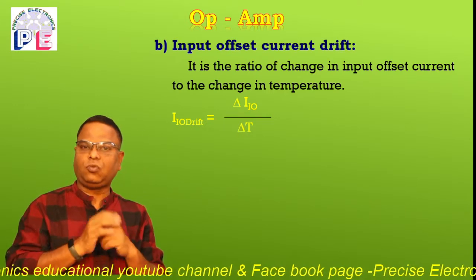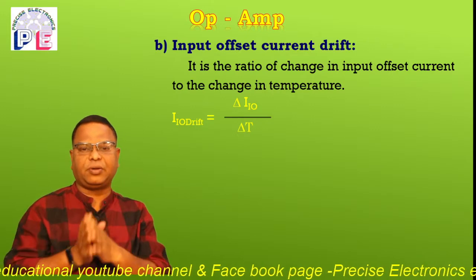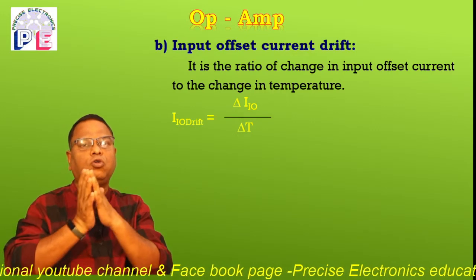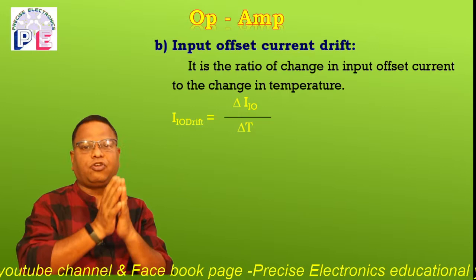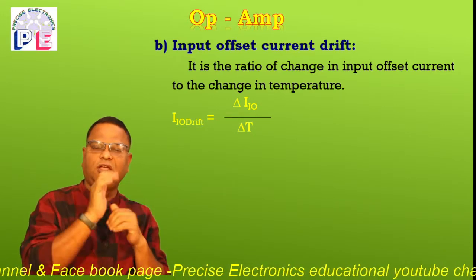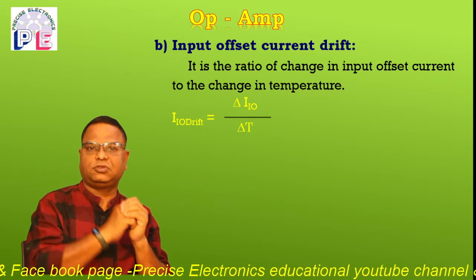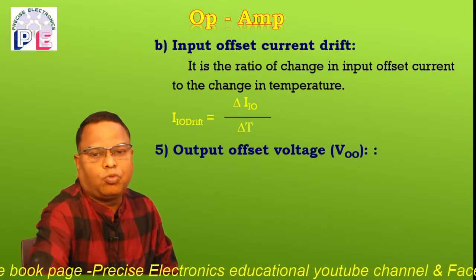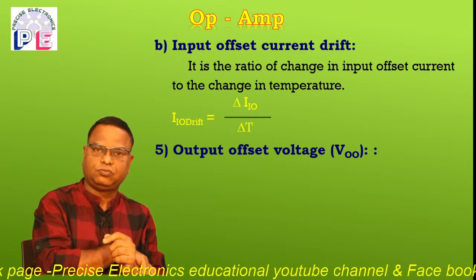So I suffix IO drift is equal to delta IIO upon delta T.